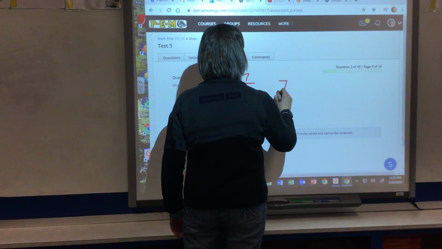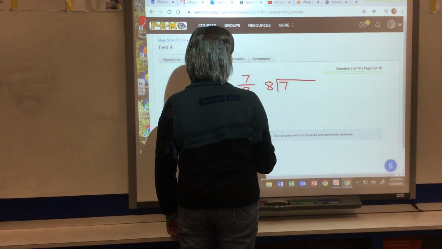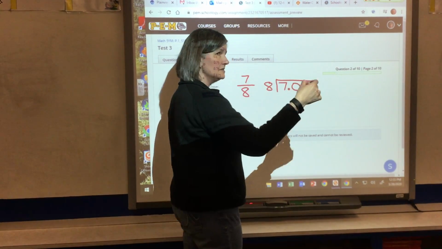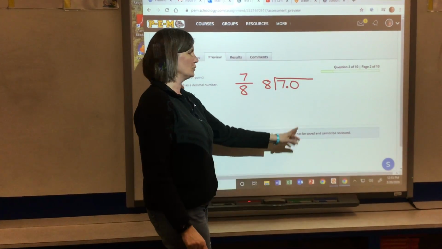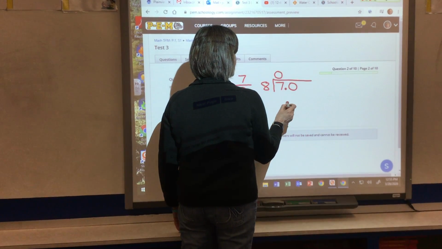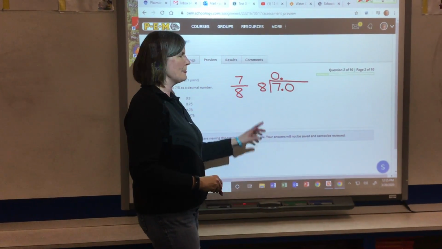I'm going to take 7 and divide it by 8. It's always the top number divided by the bottom number. So here's where I add my decimal point in, and I can add 1 zero at a time. I can keep adding zeros here until I get to 0 for my remainder down here. 8 does not go into 7, so I'm going to put my 0 up, and then I'm also going to put my decimal point up right away.